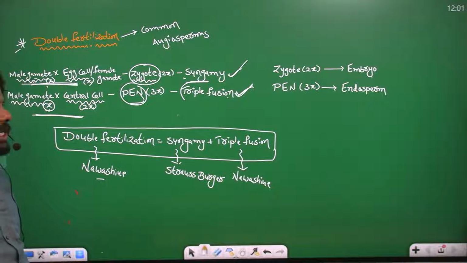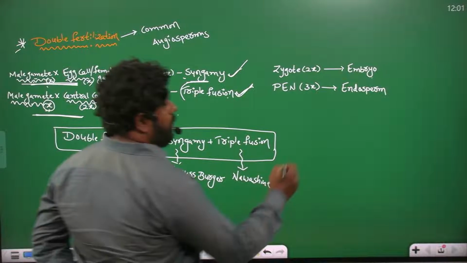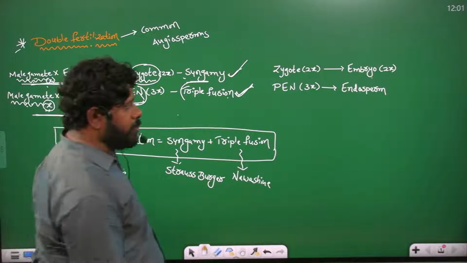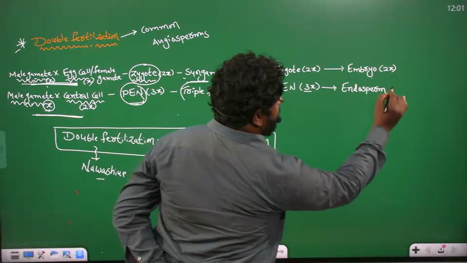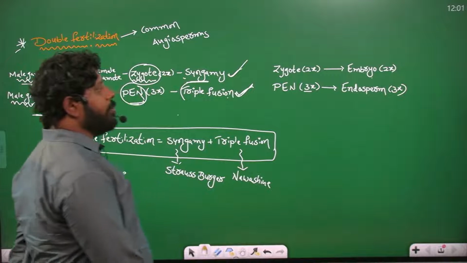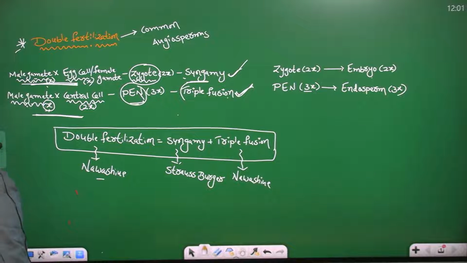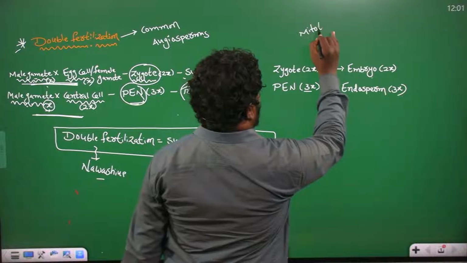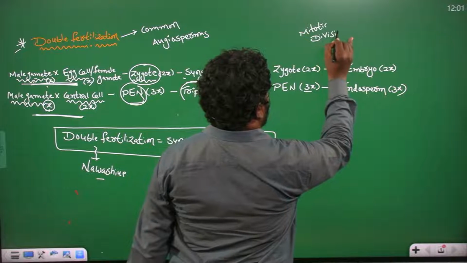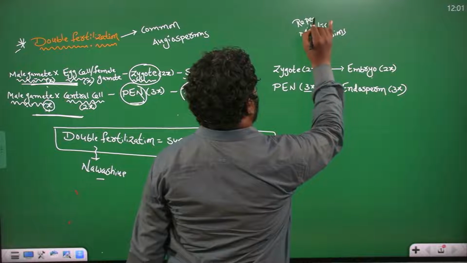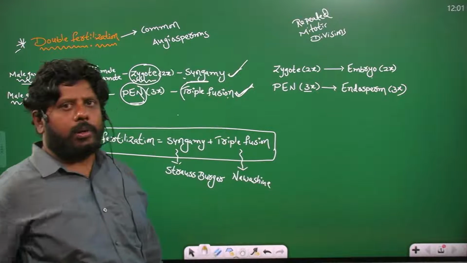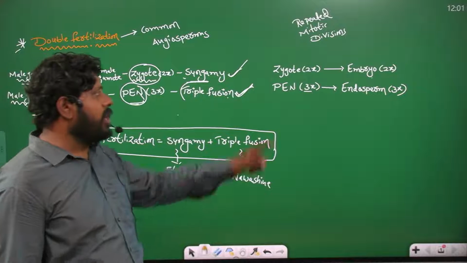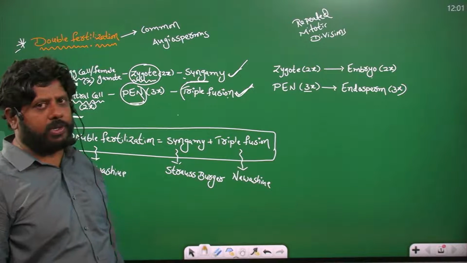In later stages, by repeated mitotic divisions, diploid zygote is developed into diploid embryo, and triploid primary endosperm nucleus is developed into triploid endosperm. Repeated means many.